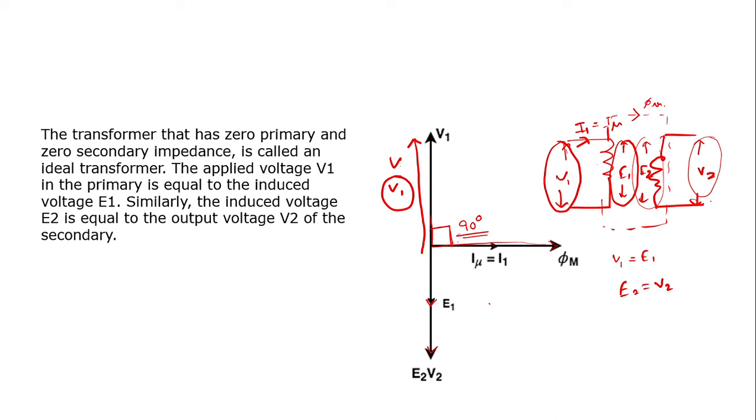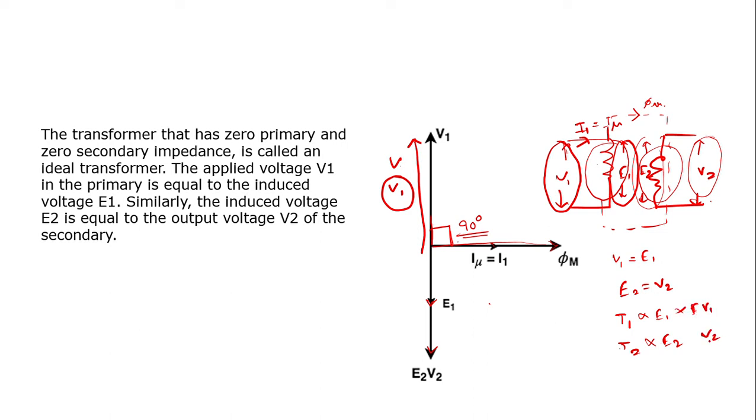Sorry, the number of turns may not be equal in the primary and secondary, but T1 must be proportional to the voltage E1, and T2 must be proportional to the voltage E2, and simultaneously they will be proportional to V1 and V2, right?